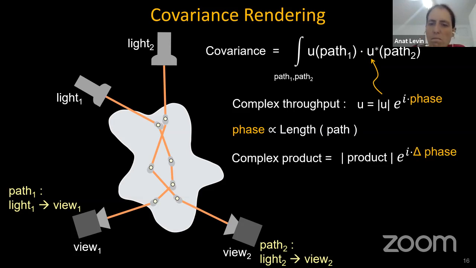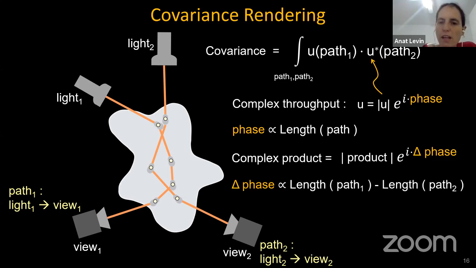Now, when we look at the contribution from a pair of paths, we just multiply the product of the contribution from path 1 and the product of the contribution from path 2. And that's again a complex number. And the phase is equivalent to the difference between the length of path 1 and the length of path 2.